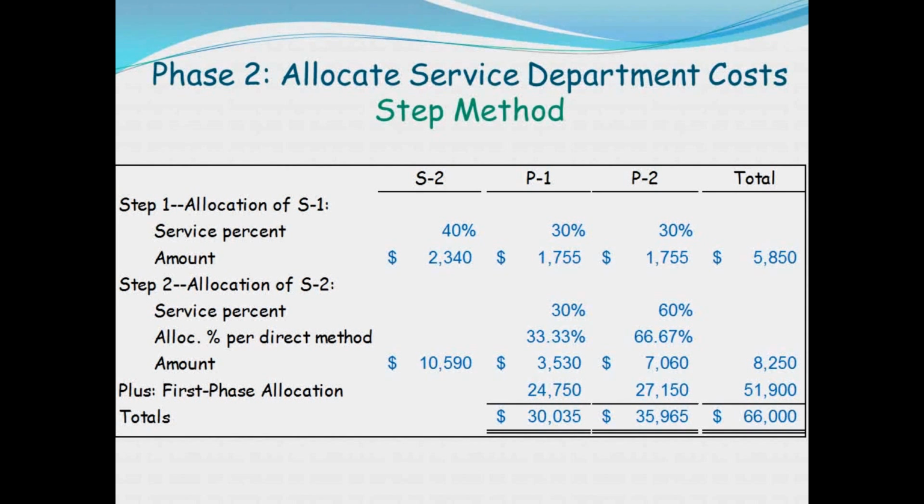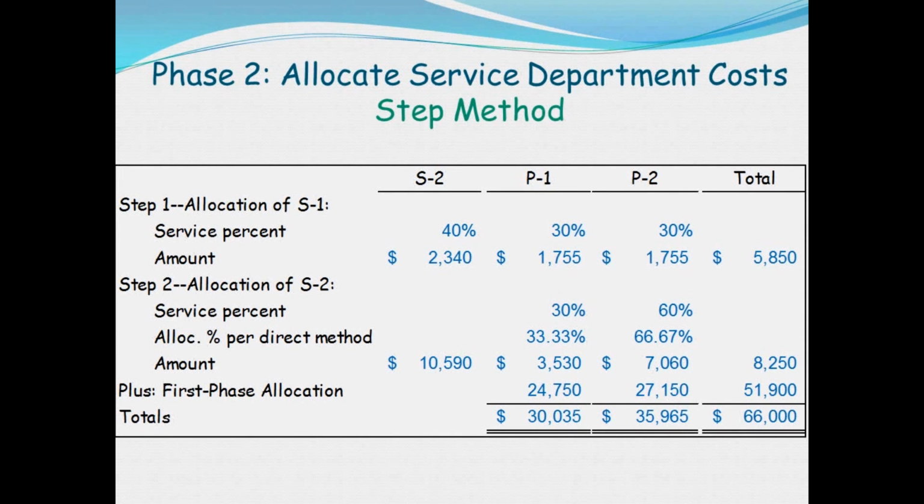So for this new amount, which is its original allocation plus service department 1's allocation to it, it's one-third, two-thirds. And you add to that the original costs for each of the production departments. And so service department 2 allocation plus the original gets 30,000 and 36,000.